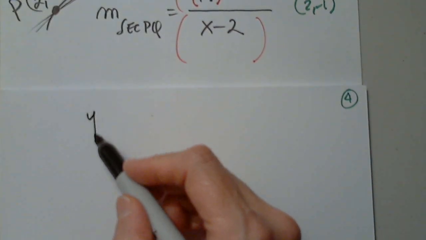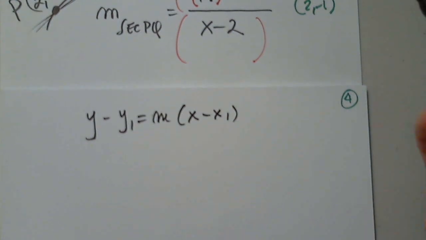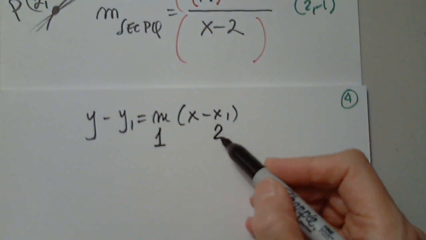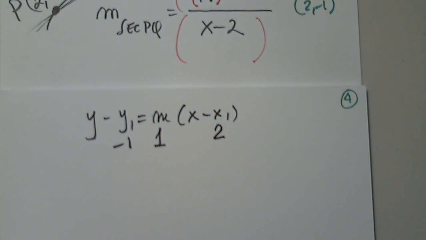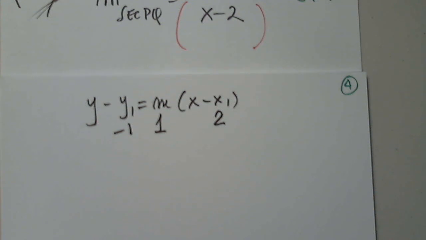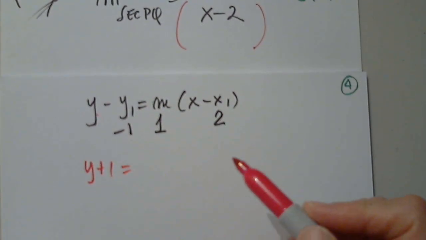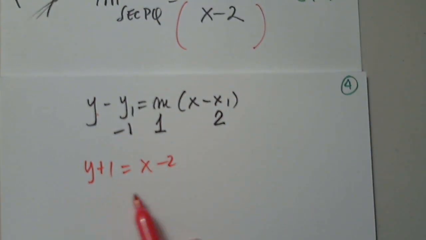So we have y minus y1 equals the slope times x minus x1, where the slope is 1, x1 is 2, y1 is -1. You can say this is how lazy people write it. Yes, it's possible, but I like it because I don't like nested parentheses. Y minus -1 is y plus 1. The 1 in front doesn't matter, so this is x minus 2. I subtract 1.